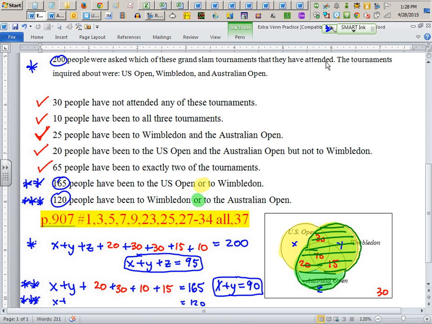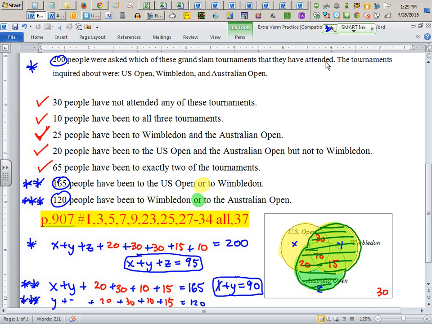And it's x plus y, and then you've got the 20 and the 30 and the 10 and the 15 again. Okay? So this now tells us, oh, that should say z plus y, sorry, y plus z.